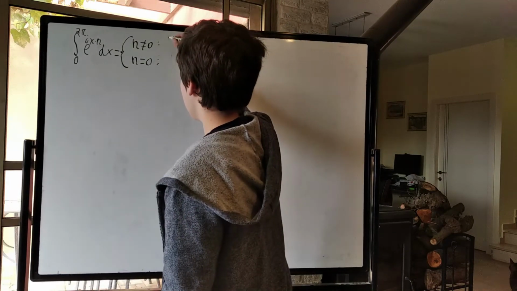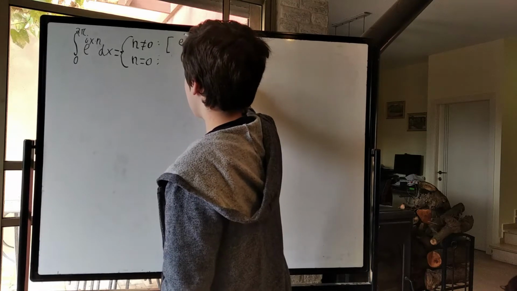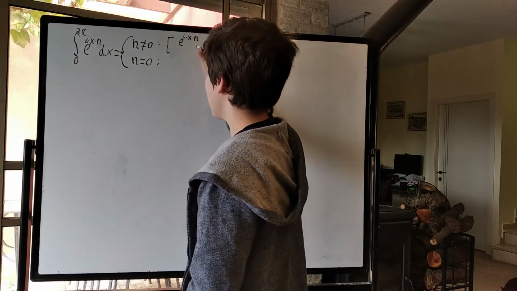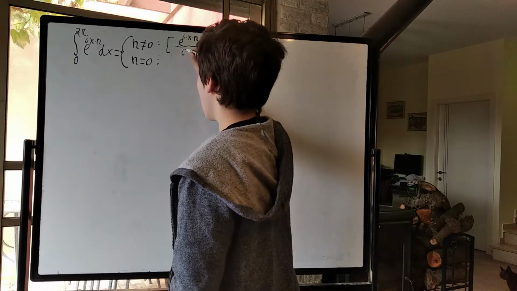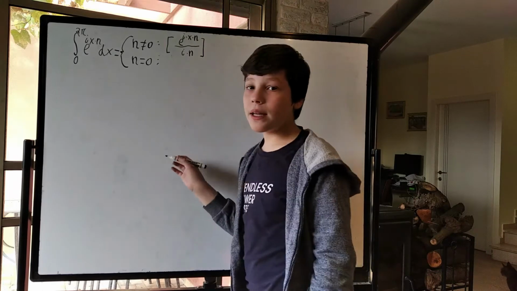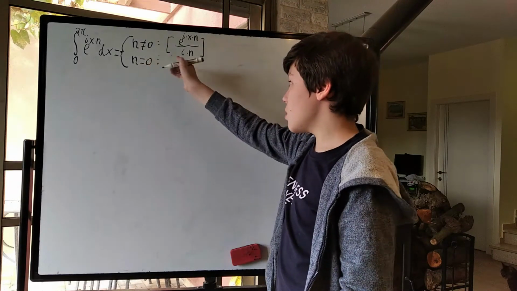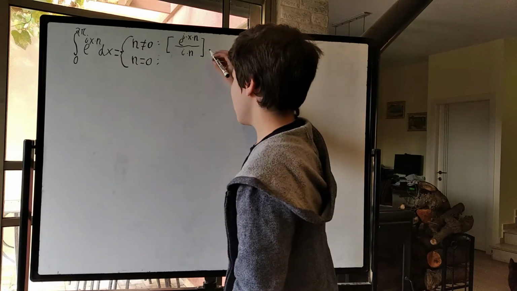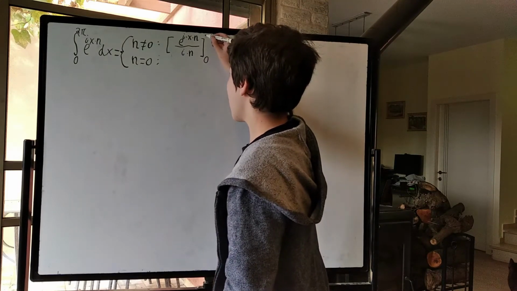So it's going to be e to the i times x times n over i times n. Again, because n is different than 0, we can divide by n and we'll have no issues. And it's going from 0 to 2 pi.